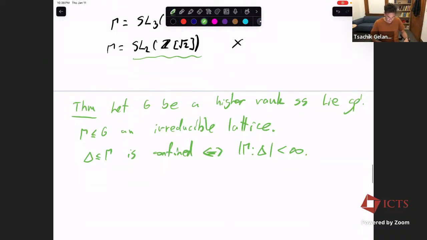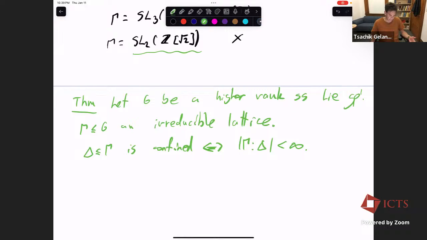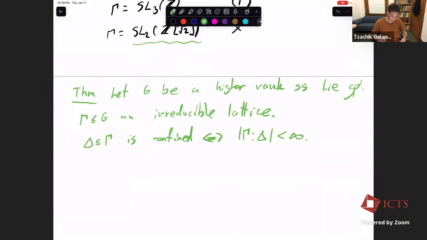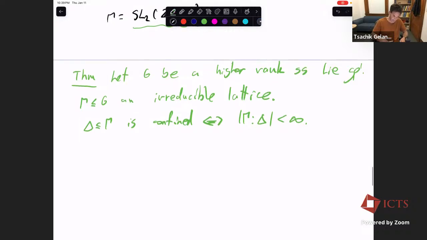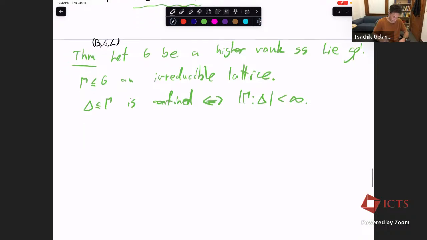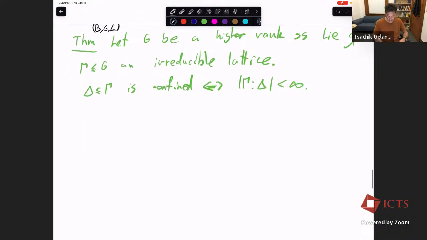In the case that G has property T, this follows from my theorem with Prasad, but the new thing is that we proved it for much more general, for any higher rank group. And let me also state something which is a theorem even more general. This is with Bader, Gelander, and Levit, and let me state it in an even stronger form.